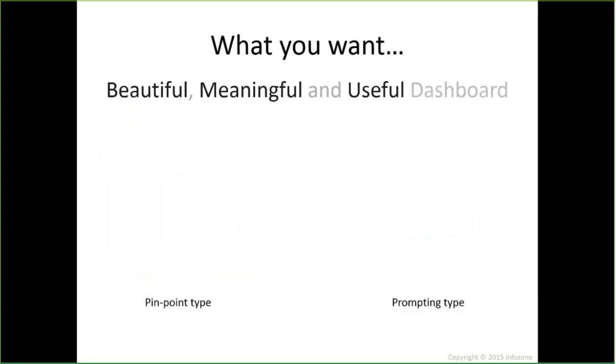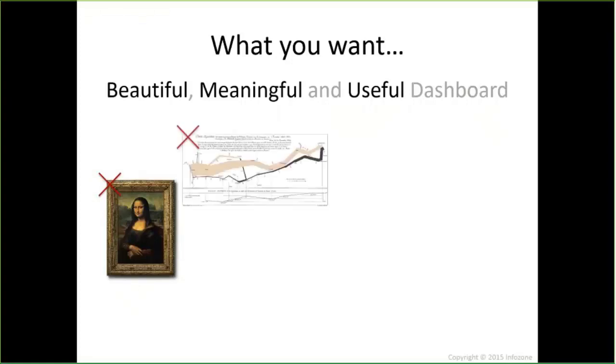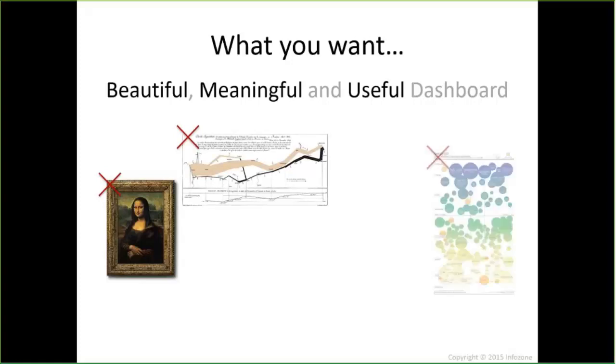So what you want is a beautiful, meaningful, and useful dashboard. It's not one of them or 2 of the 3, but all of them. It's not something like the Mona Lisa, which is pretty to look at on the wall, or something like Napoleon's March map, which is a very great thing. It's very meaningful, but it's static. It's not really useful.